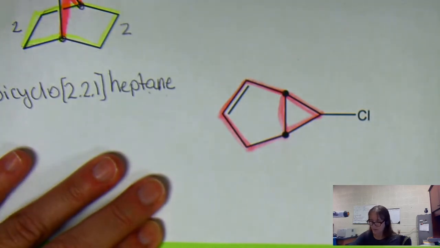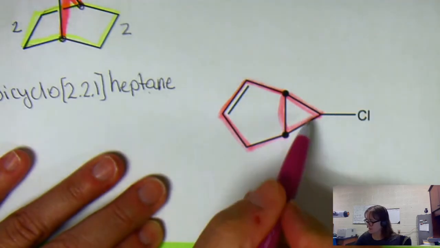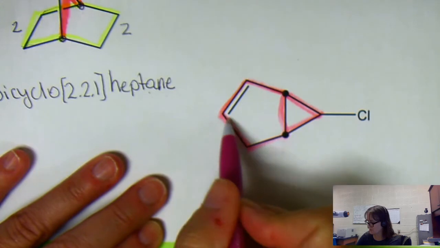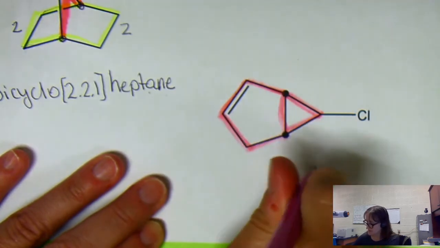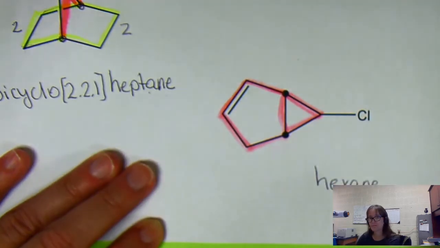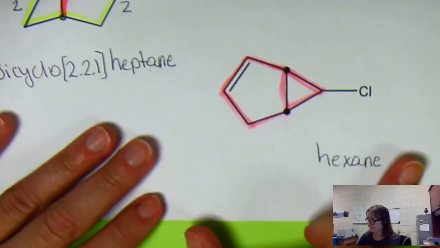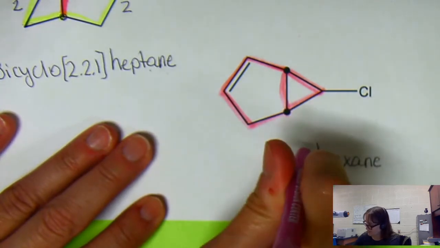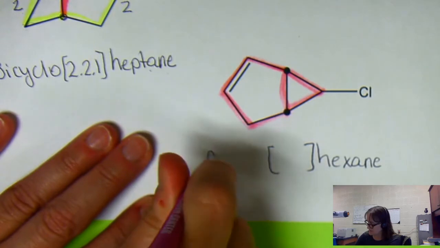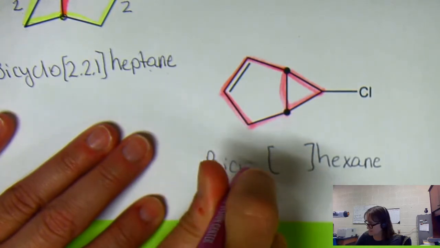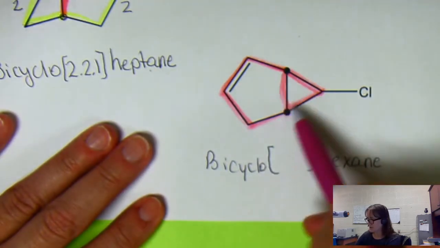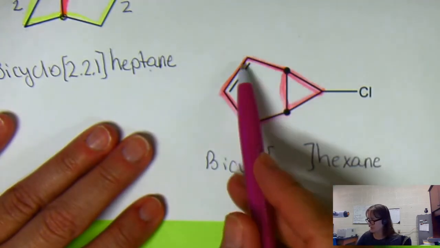So if we count first the total number of carbons, we have 1, 2, 3, 4, 5, 6. So this is a hexane. And we're going to put 3 numbers together, and it's going to be a bicyclo. So starting in our bridge, you have to see how many carbons are on each side.